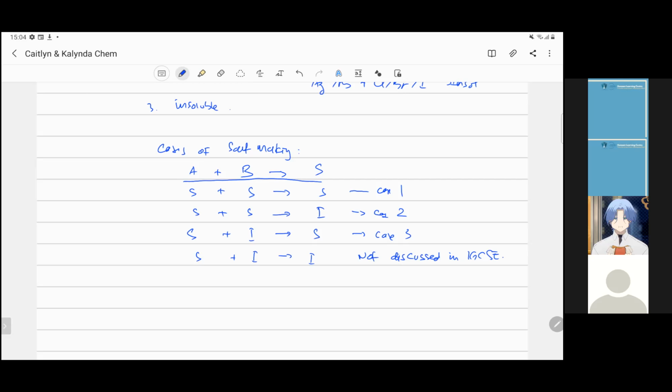And then we have the soluble acid with insoluble base, but the result is a soluble salt: that's case number 3. These are the 3 cases we are going to learn in IGCSE. The 4th case is not in the syllabus. That is, a soluble acid with insoluble base, and the result is an insoluble salt. This is not discussed in IGCSE.